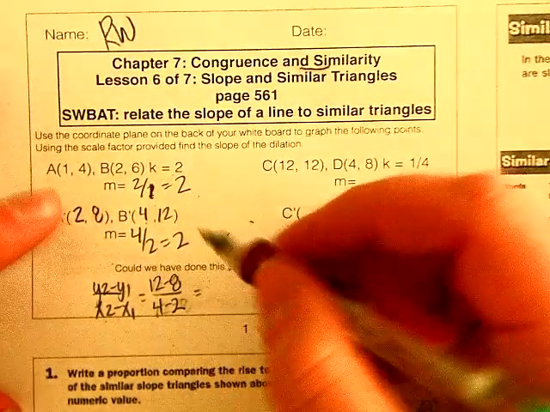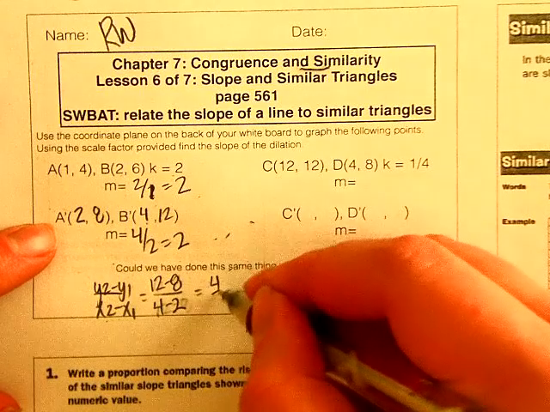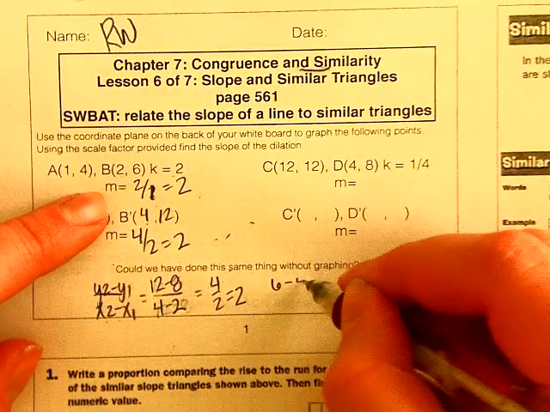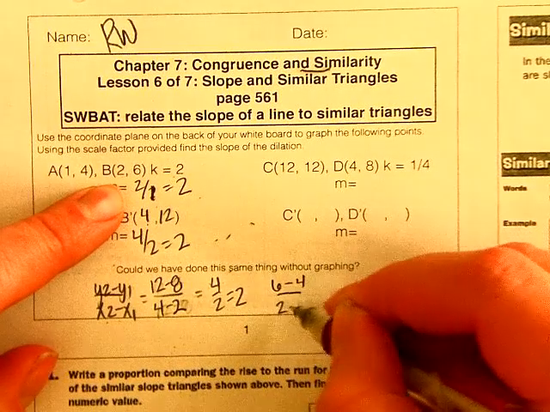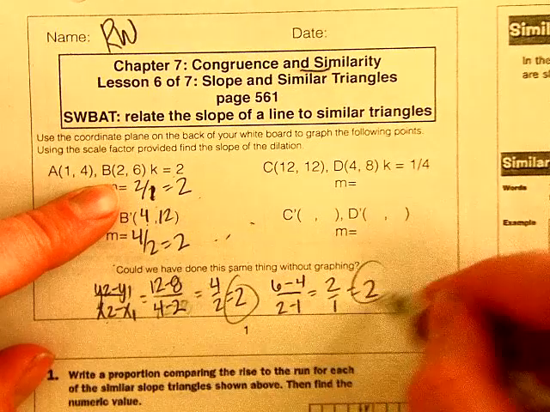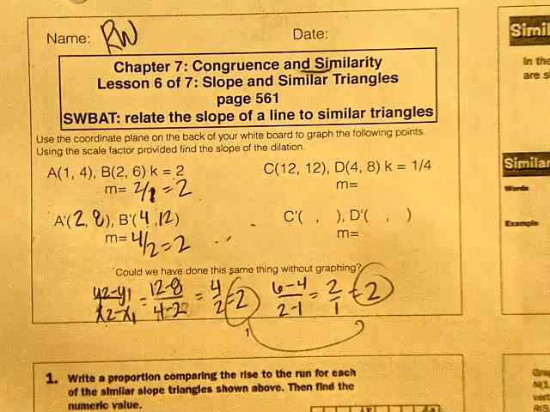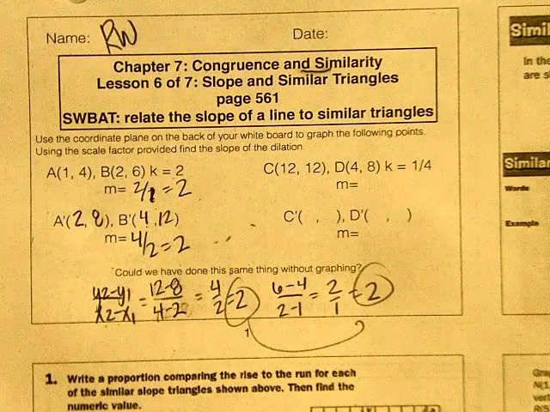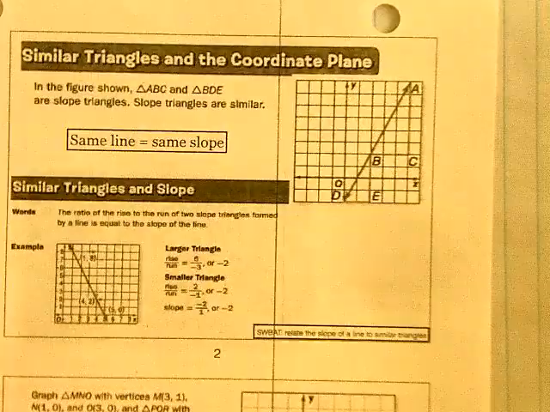This is for the A prime, which is 4 over 2, and we got a slope of 2. If we did the same thing here, it would have been 6 minus 4 over 2 minus 1, 2 over 1, which equals 2. Since these are the same, we would have found that the slope between those 2 points is the same. We would do that in class with that one as well, but we're just going to move on for video's sake.